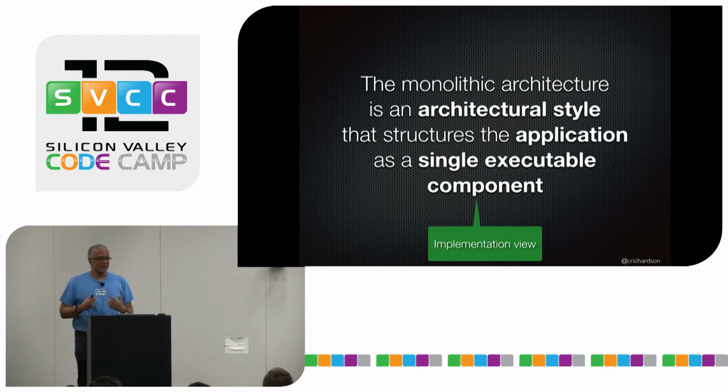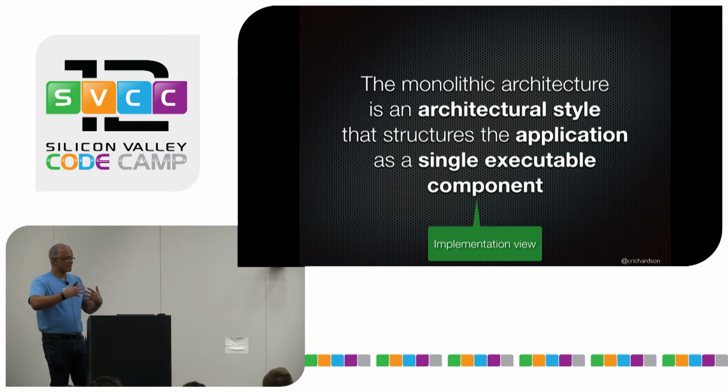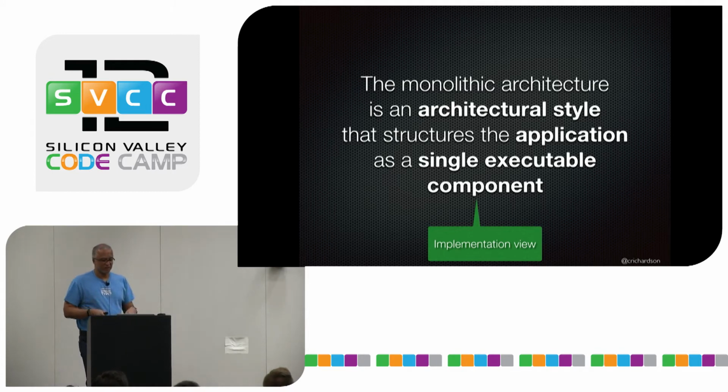So a precise definition of the monolithic architecture is that it's an architectural style in the implementation view that structures the application as a single executable component. There is a variation of this where you have some services, but they're tightly coupled through the database, and they basically have to be deployed as a single unit.